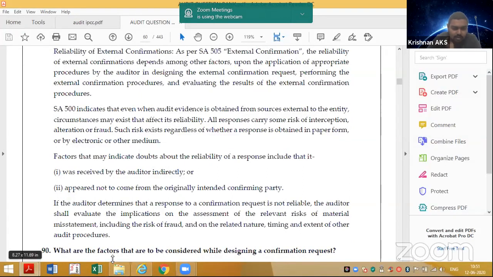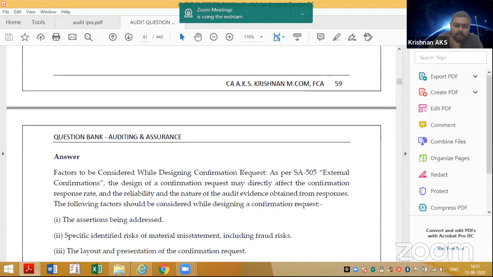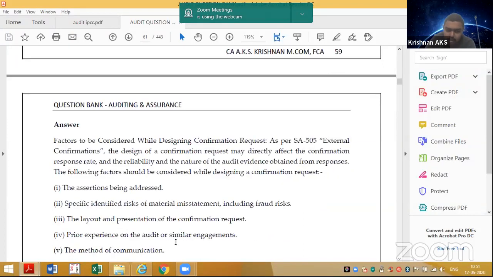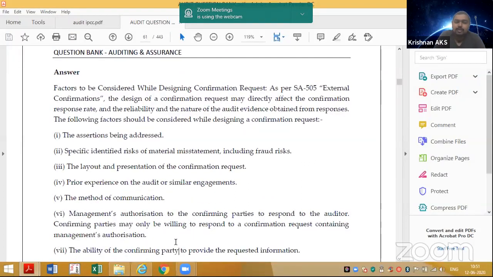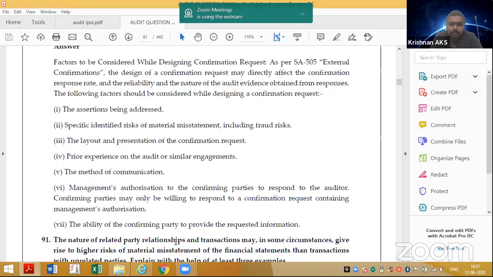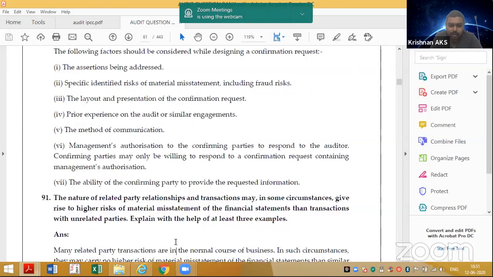Then what are the factors to be considered while designing confirmation methods? We should properly design when we are sending to the clients' data. So method of communication, whether you should send email or whether you should send by post. Prior experience, whether they will reply or not reply.